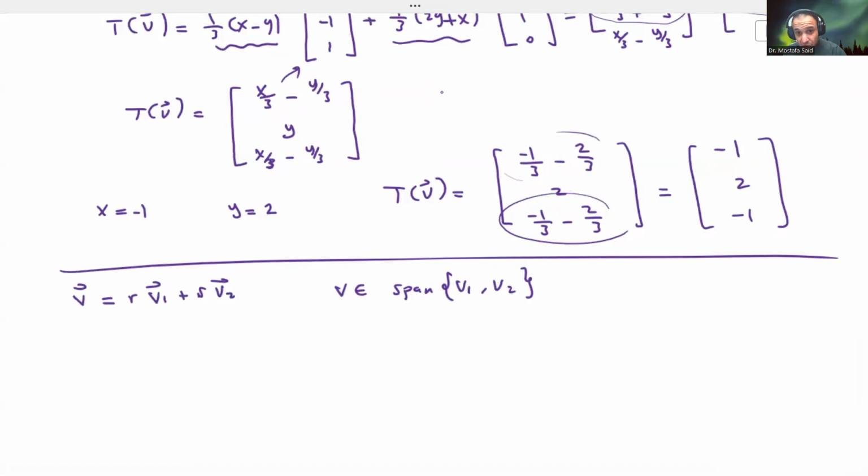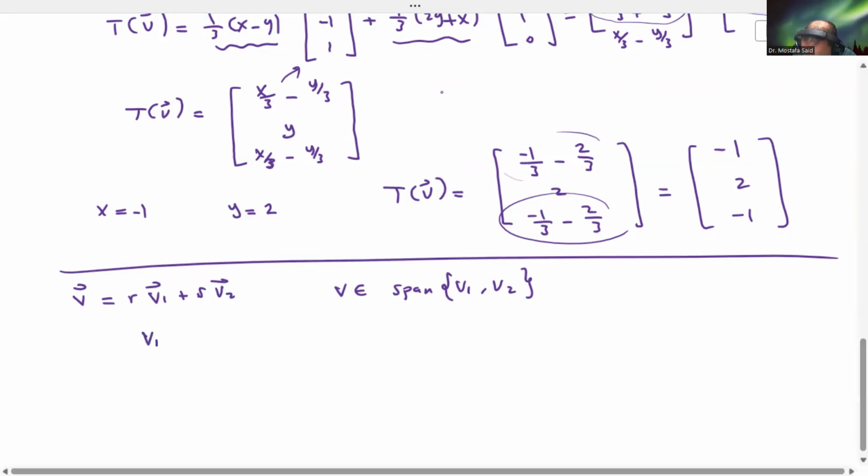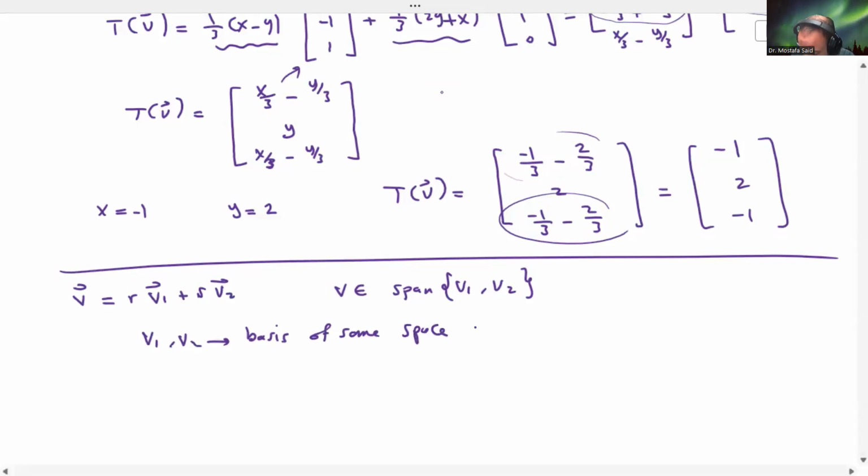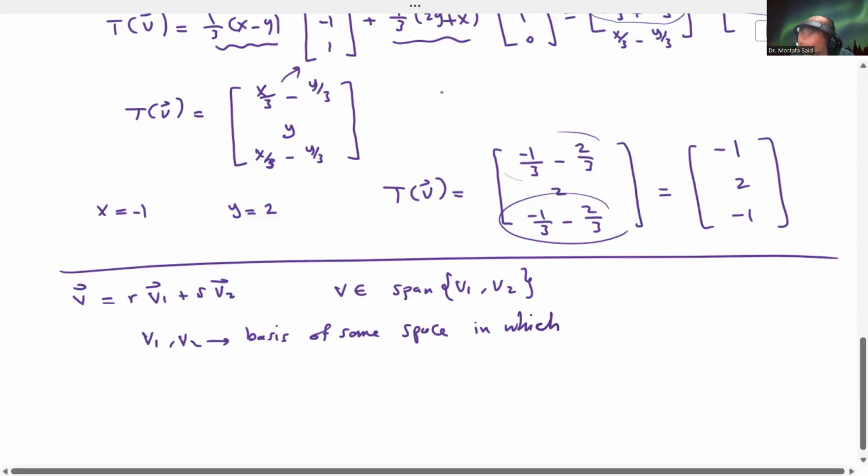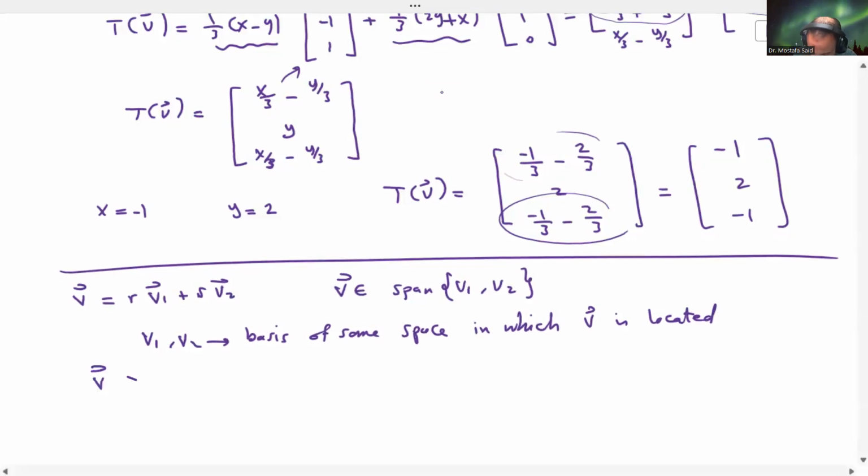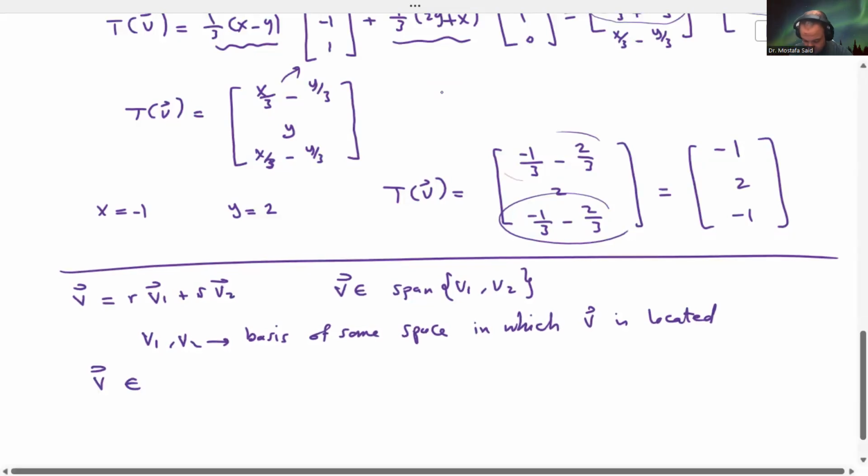If that holds, that means that v1 and v2 are bases of some space in which v is located. So v belongs to some space. Let's call it R2, because it's a two-dimensional vector.